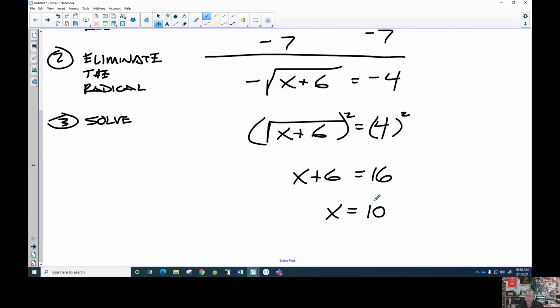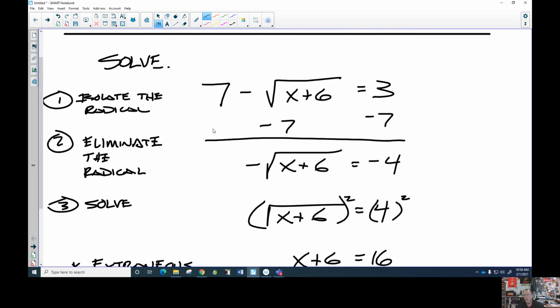Now, there is something about this squaring process in solving that can give us what we call extraneous solutions. Extraneous solutions are ones that we get from using this process, but when we plug them back in, they don't actually work. They are extraneous in the sense that they are not applicable to this problem. So you always have to go back and check. We found that x was equal to 10.